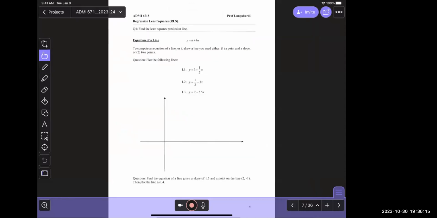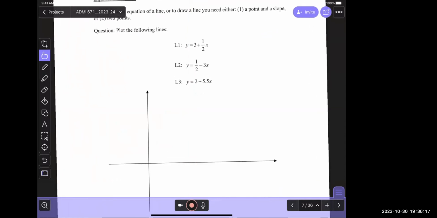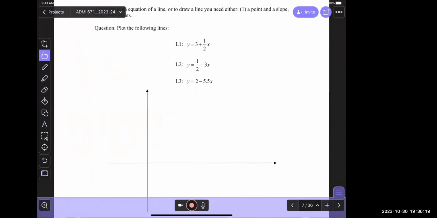Okay, all we've done so far is we've talked about the R. But the R is not the line. So how do I get the line from the R?